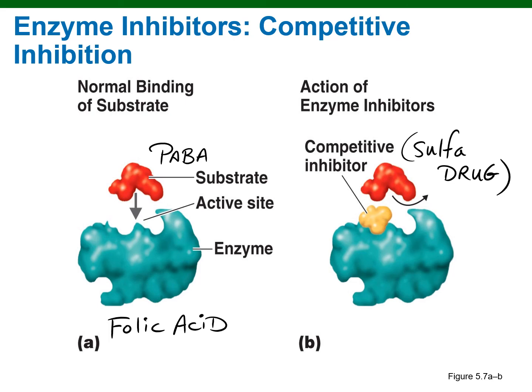And so this effectively slows down the number of times that the natural substrate can contact the active site. And so it can slow down or block folic acid production.